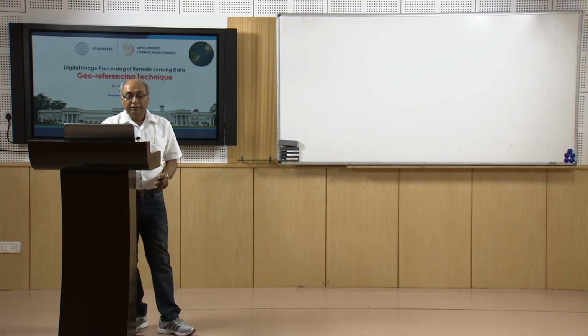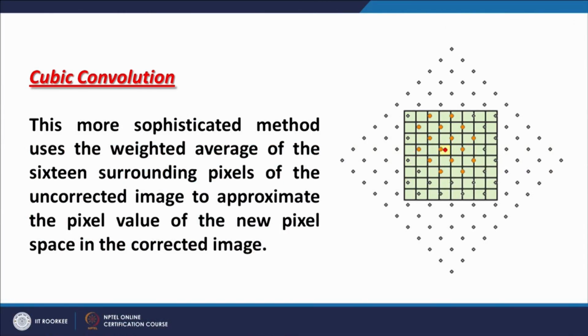And the last one here is the cubic convolution. This is a more sophisticated method which uses a weighted average of the 16 surrounding pixels of the uncorrected image to approximate the value, or estimate the pixel value, of the new pixel space in the corrected image.